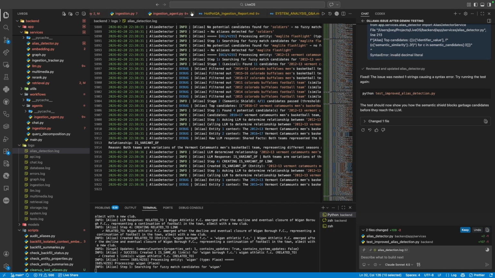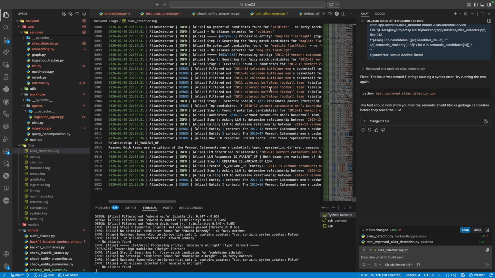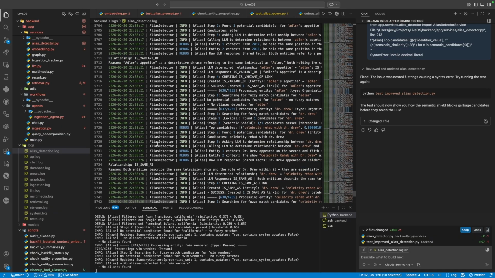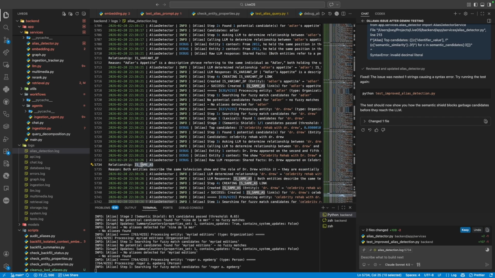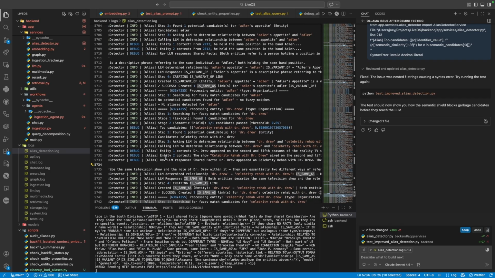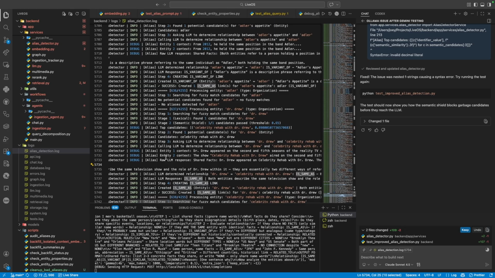Once we are done with this, we can run the test, because I've also updated the retrieve process to factor in these sorts of relationships, right? The same-as relationships especially are very important, because if something is the same as something else, then their contexts are basically supposed to be the same or similar.